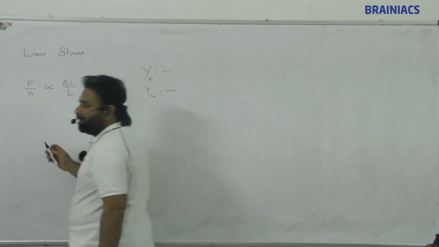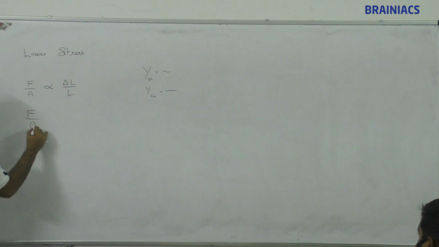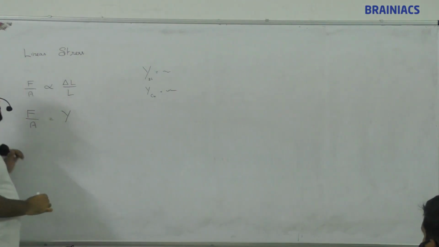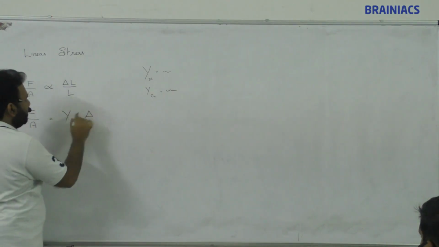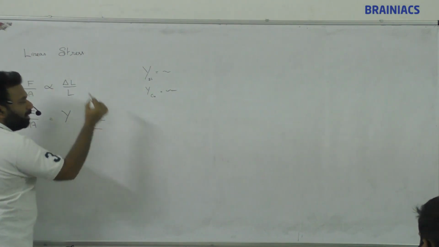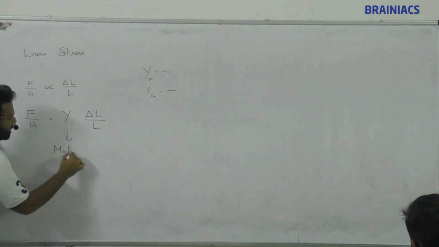So what happened? They equated F by A to the modulus of elasticity. Y is equal to F by A divided by delta L by L, that is, F by A is equal to Y into delta L by L. This is called modulus of elasticity.